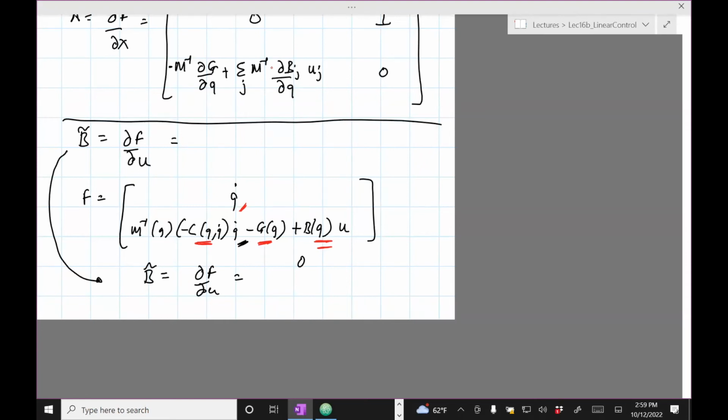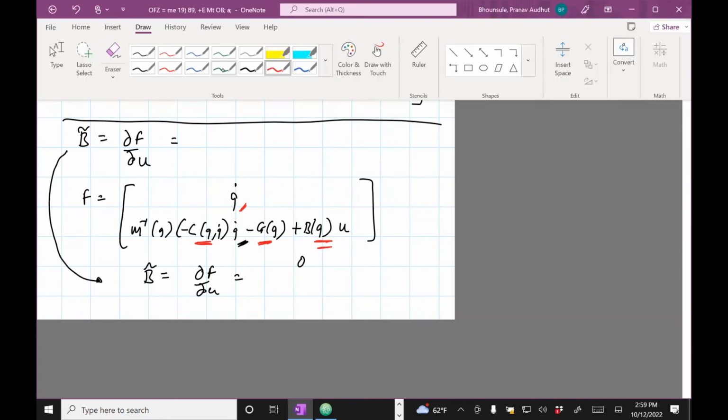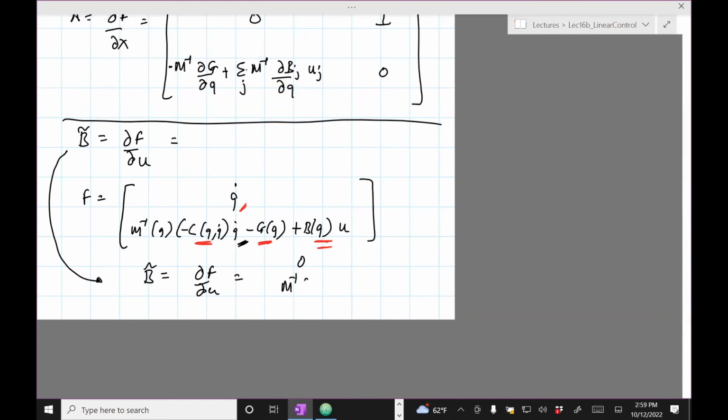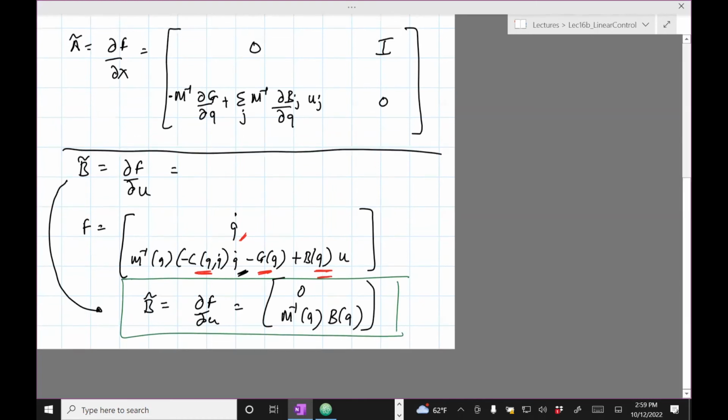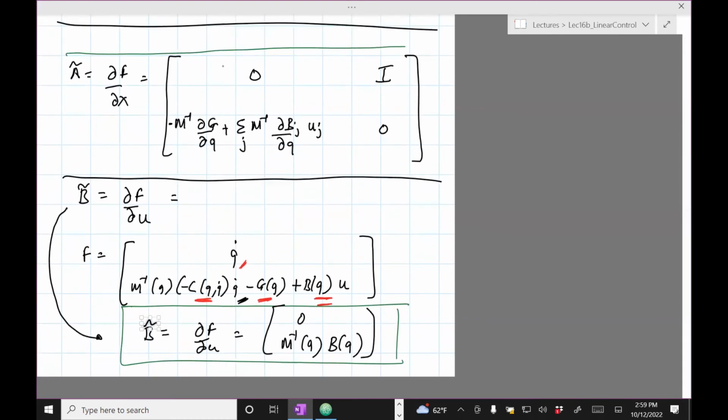So you're left with 0 and M inverse Q times P(Q). This is B. This is A.